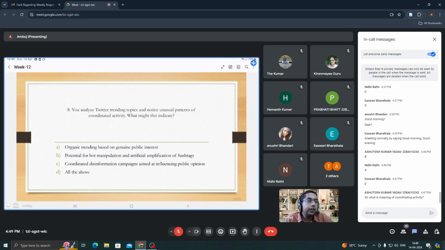A set of events happens, and following that, another set of events happens at the same time, and there is a relation between the first set of activity and the other set of activity. That is meant by coordinating activity. I think, Ashutosh, you are clear. If you still have any doubt, please do ask me. Great.